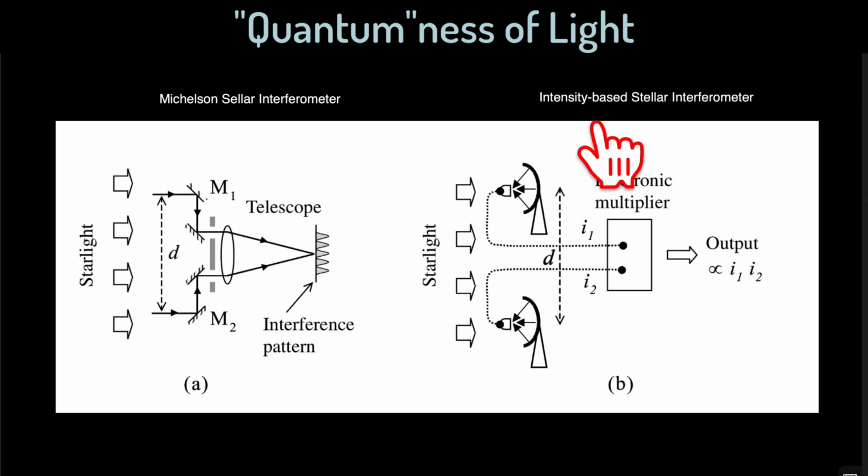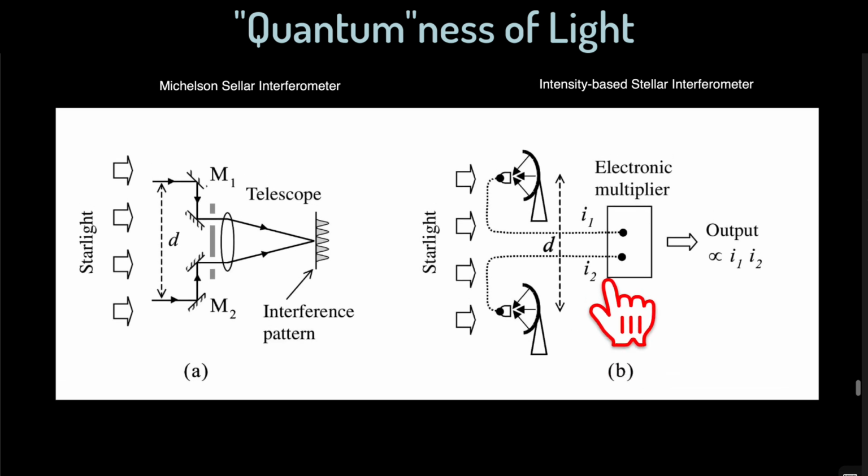In contrast, the Hanbury-Brown-Twiss stellar interferometer essentially collects the intensity through antennae, and the important aspect of such an interferometer, as discussed in the previous lecture, is that the distance can be very large. This distance is usually called the baseline, which means you can have the detectors at a very long distance and collect the intensity directly into an electronic instrument, which can further process the intensity correlation as the output of this system.